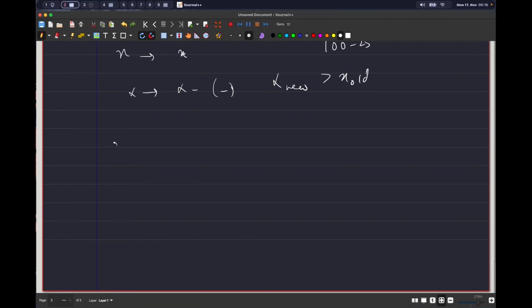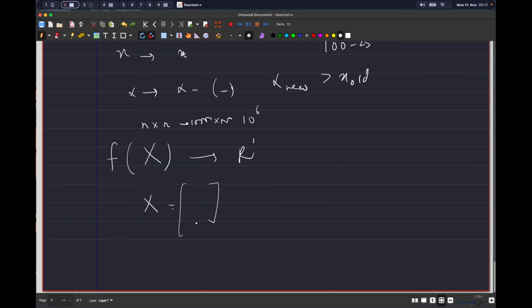Why is it useful? Suppose your function depends on a very large matrix of x, like an n by n matrix, and it returns some scalar quantity. n can be thousands of values, so let's say n by n comes out to be a million, 10 to the power 6. In that case, to find the optimal value of all the elements in X, you will have to differentiate it a million times.